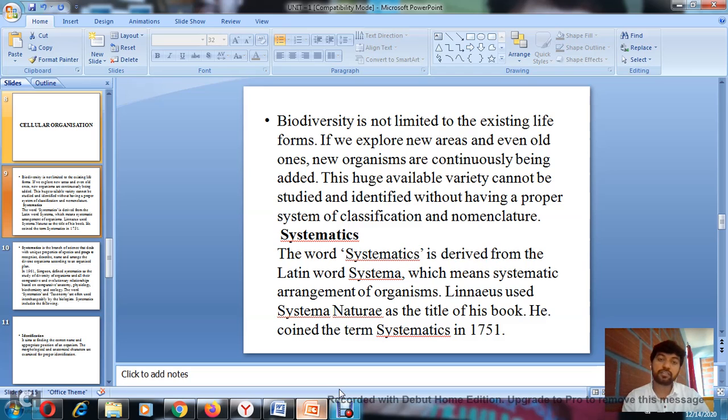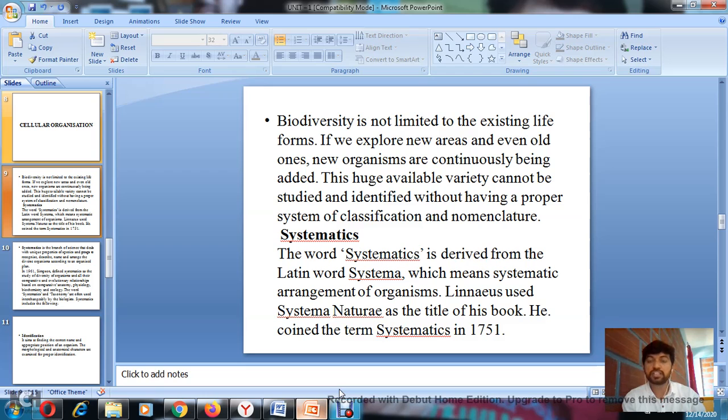Let us learn about what systems they have followed. The first thing is systematics. Systematics itself tells you that something is followed systematically, like a progressive, schematic one, right? The word systematics is derived from the Latin word systema, which means the systematic arrangement of organisms.